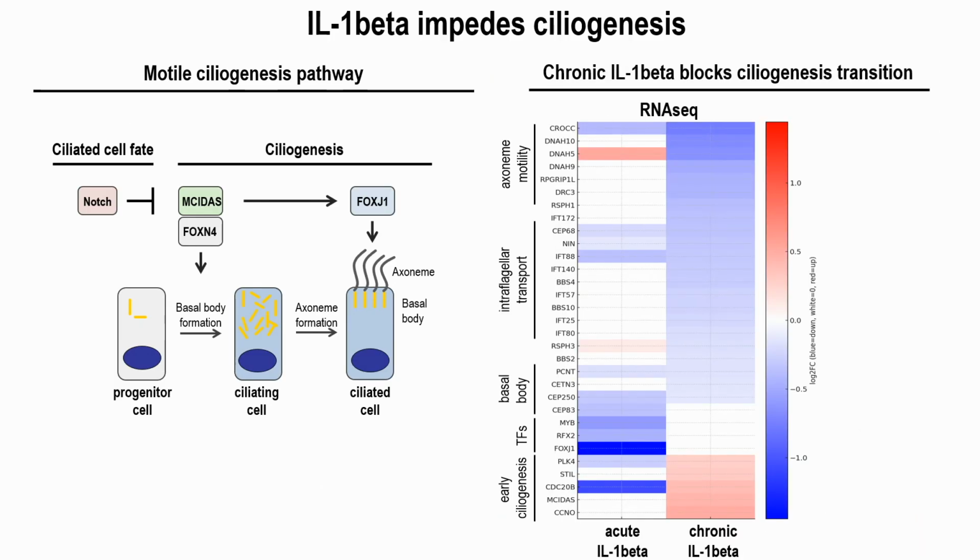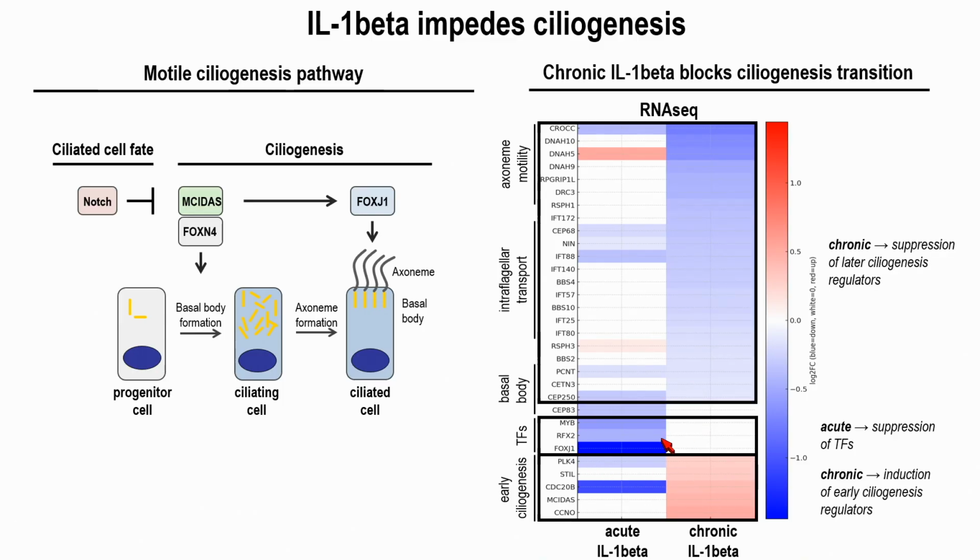When we look at the transcriptomics data, we got a lot of genes back associated with different parts of development of a ciliated cell. We have genes associated with axoneme motility, intraflagellar transport, basal bodies, transcription factors of ciliogenesis, and early ciliogenesis markers. What we found was that at the acute time point, we get a big suppression or downregulation of transcription factors associated with ciliogenesis.